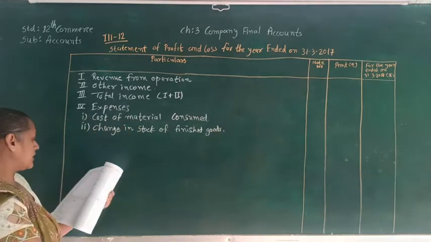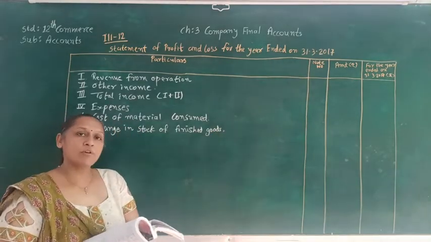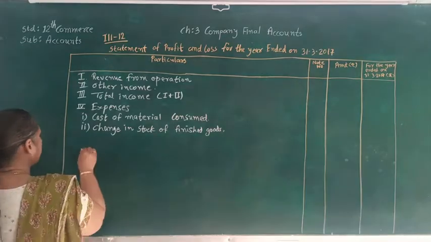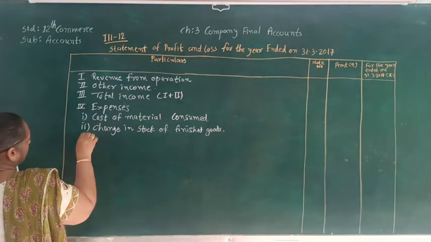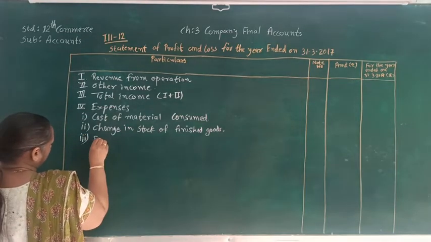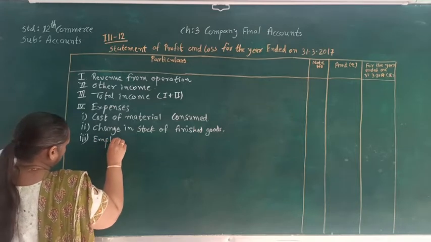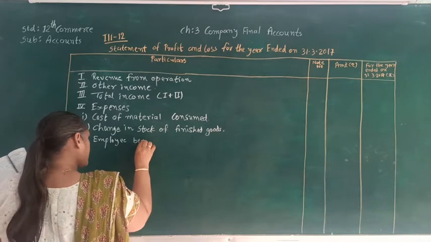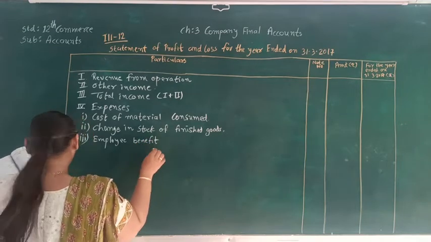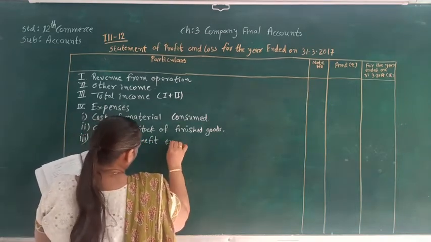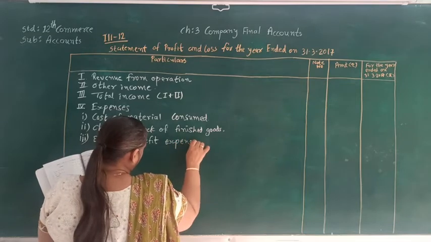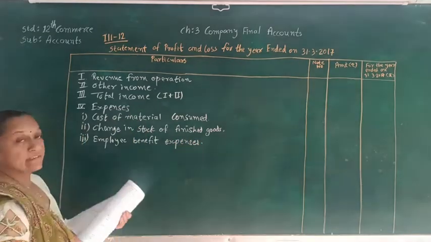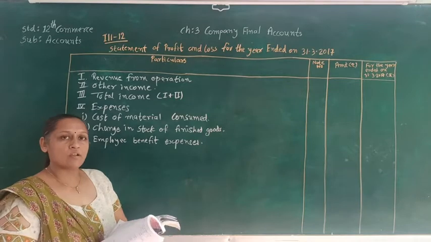After that, the third expense is employee benefit expense. And then the fourth one is finance cost.